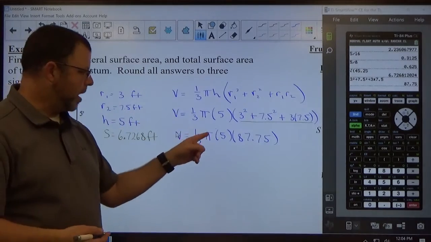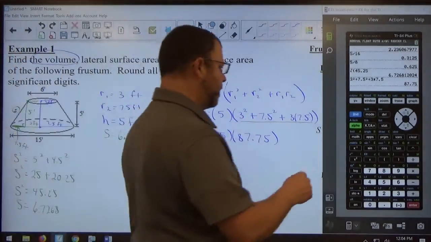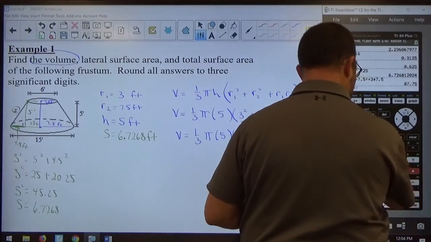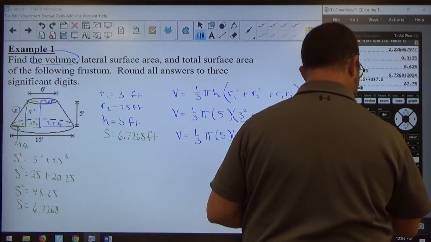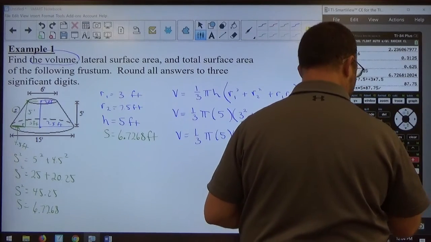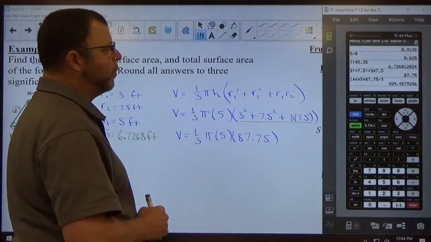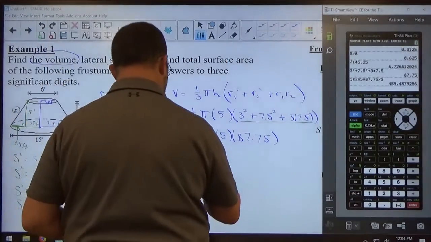And we have top, top, top, top, bottom. So just multiply the top stuff, divide by the bottom. So we're going to get 1 times pi times 5 times 87.75 divided by 3. Always divide last. So we get 459.4579256.